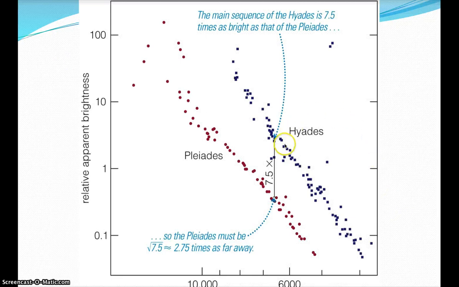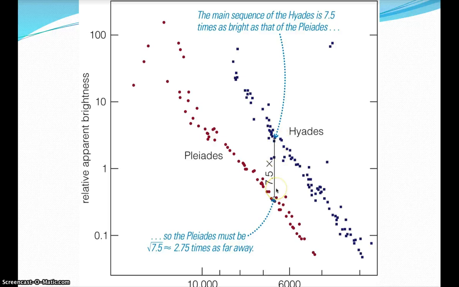Let's say that we already looked at the Hyades cluster, and we found out the luminosity of the Hyades, and we know the distance to the Hyades. Then we use another cluster that we want to figure out the distance to, and that would be the Pleiades. Well, if we compare the apparent brightness of the two clusters, we notice that the Pleiades are not as bright as the Hyades.